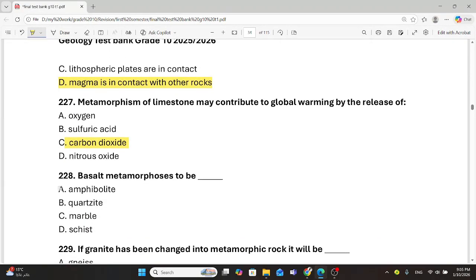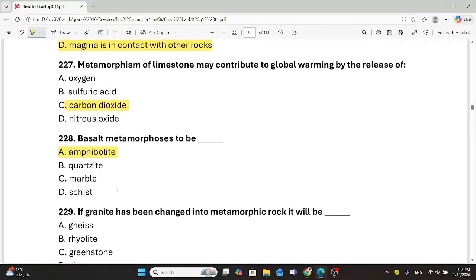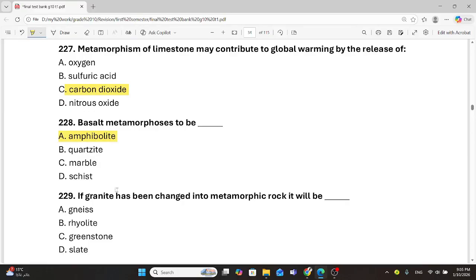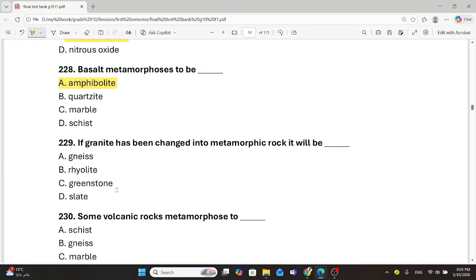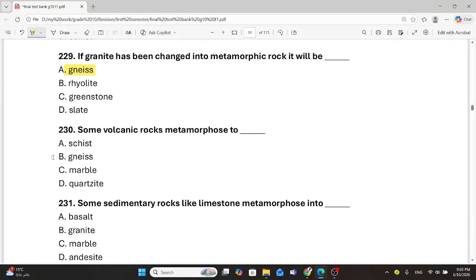Basalt metamorphosed to be amphibolite ولا quartzite ولا marble ولا schist. هتبقى amphibolite. طيب if granite has been changed into metamorphic rock it will be gneiss ولا rhyolite ولا greenstone ولا slate. هتبقى gneiss. Some volcanic rock metamorphosed to schist ولا gneiss ولا marble ولا quartzite.